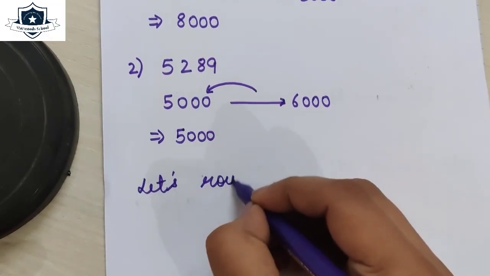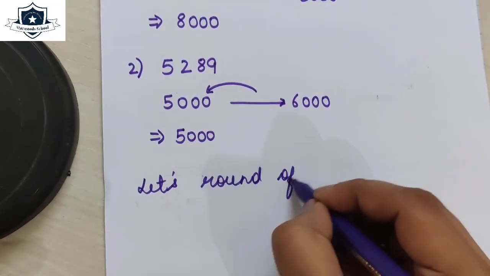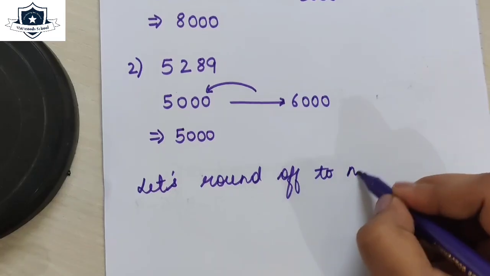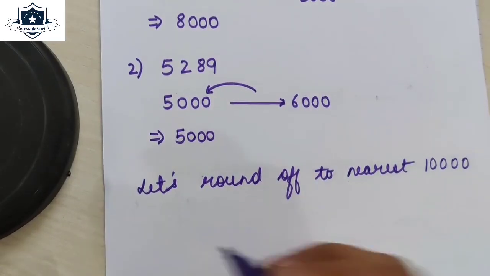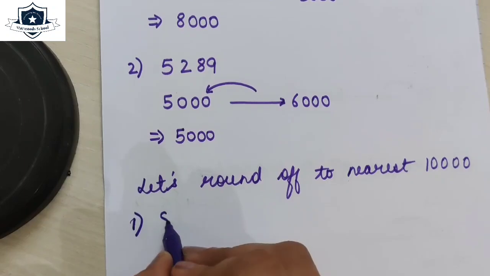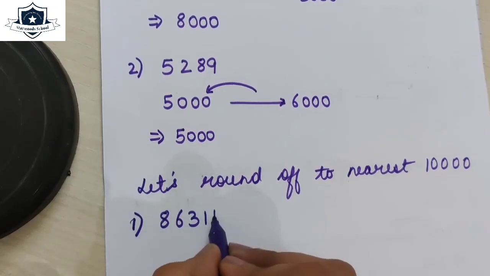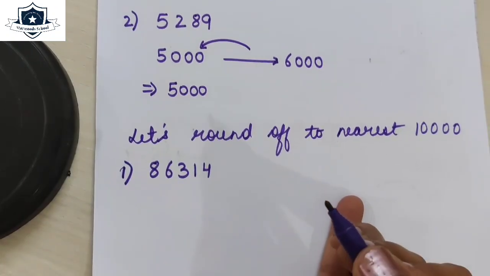Let's round off to the nearest 10,000. So 86314.